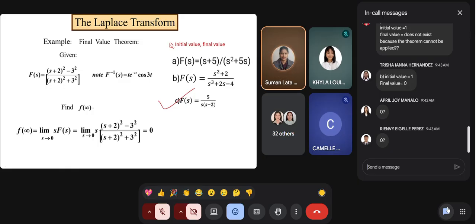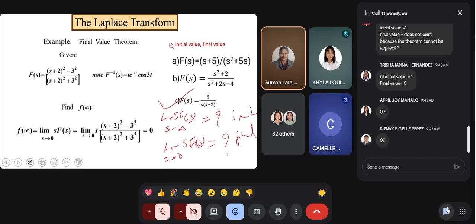So do it one by one. There are two answers, one for initial value and another for final value. First you find limit S tends to infinite of S of fs, and second limit S tends to 0 of S of fs. So the first one is your initial value and the second one is your final value for this question C.